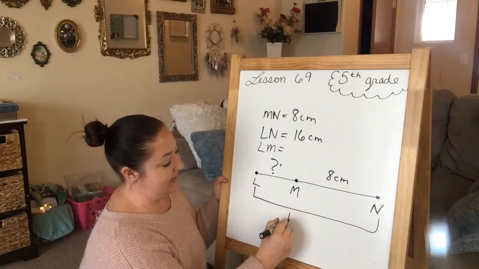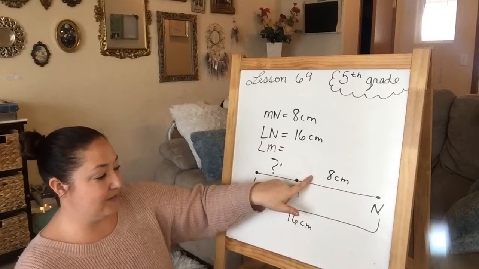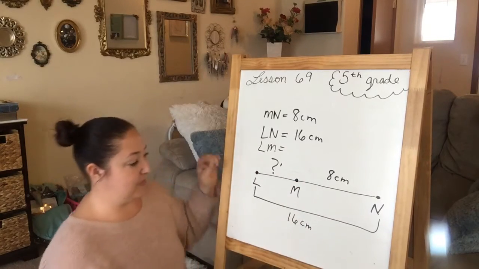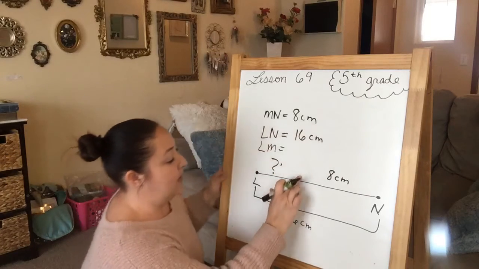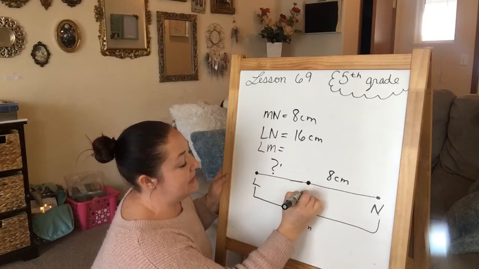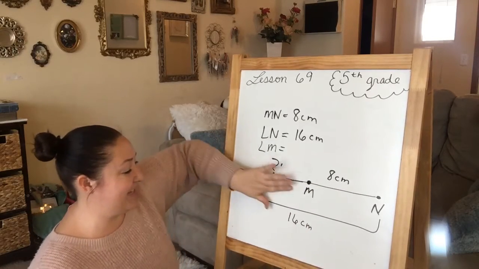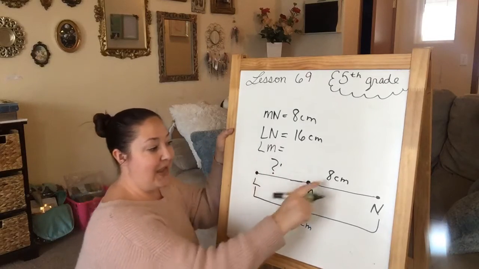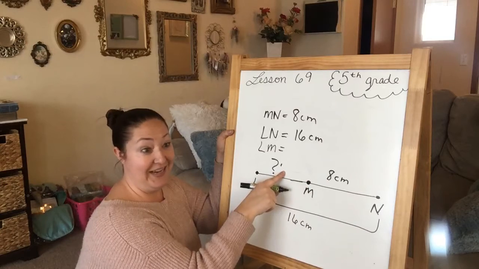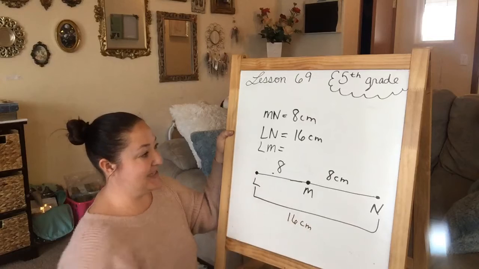If the whole thing is 16 centimeters, and we know that this part's 8, 8 plus what? It should be less because this looks like less. It doesn't look like half. Or I'll just move M. Sorry, I'm a stickler. There, that looks like more half. Oh, I think I just gave you the answer. So 8 plus what equals 16? 8 plus 8. Yeah, looks like it. 8 plus 8 is 16.